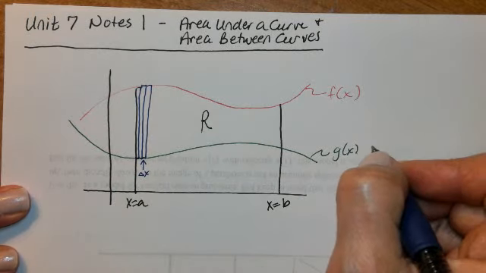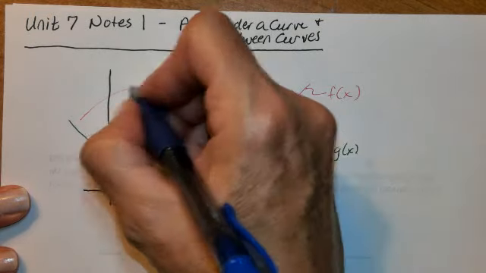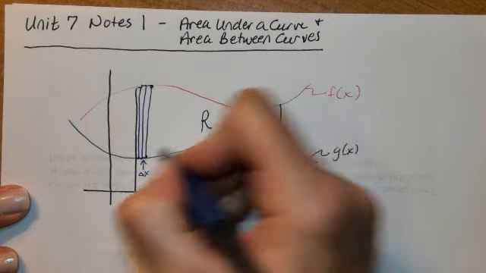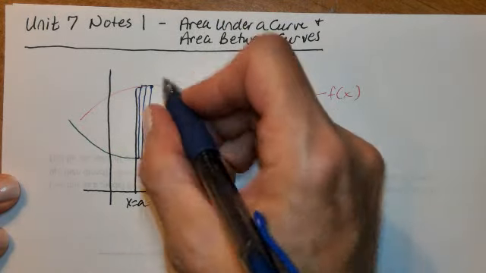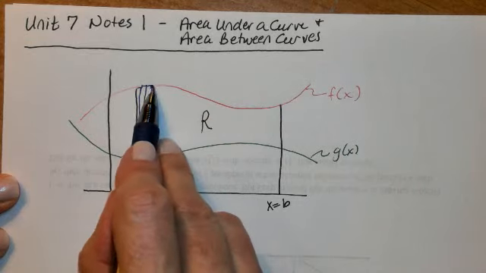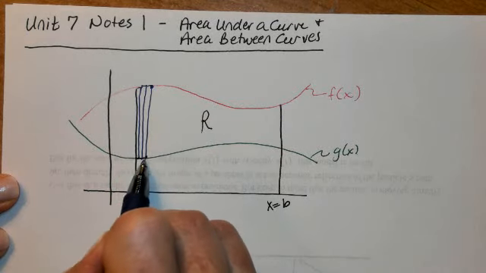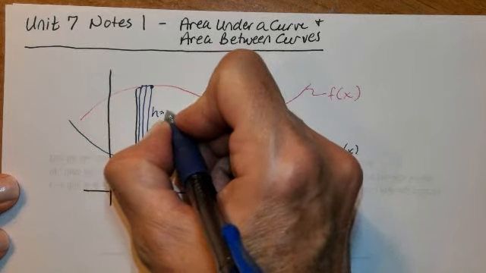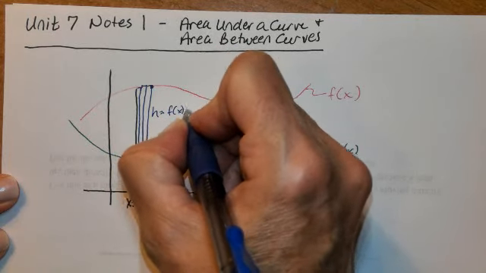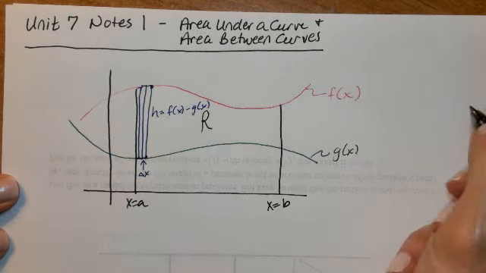What is the height of each rectangle? How do we get the height of each rectangle? What's that height? Well, that height would be the top curve, which in this case is f of x, minus the bottom curve, which in this case is g of x. So the height would be f of x minus g of x, right?